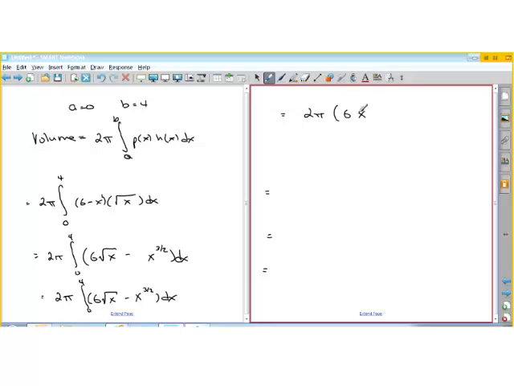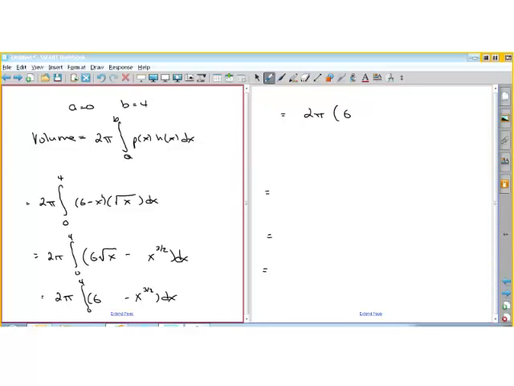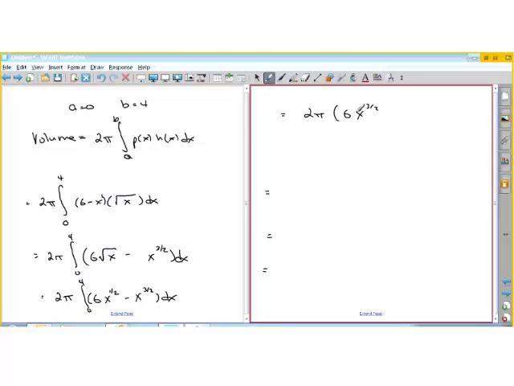6 times x to the 1/2. Actually, we have to integrate. So let's, and I need to go back here and make this to the 1/2 power. Okay, 6 times x to the 3/2 divided by 3/2 minus x to the 5 halves divided by 5 halves.